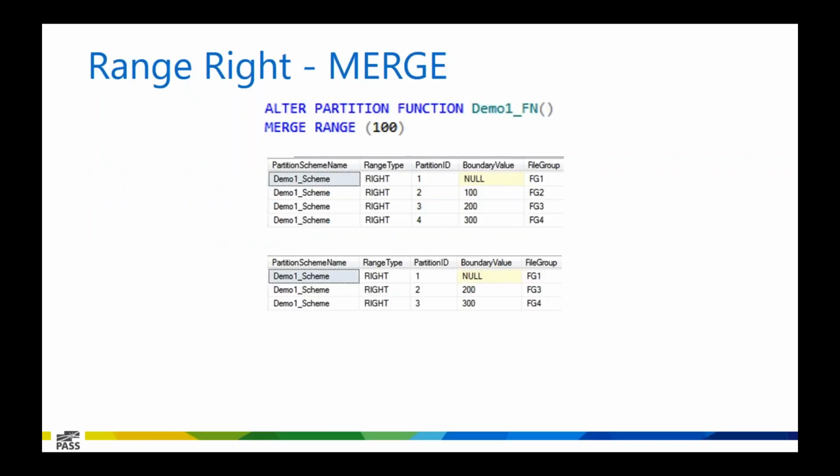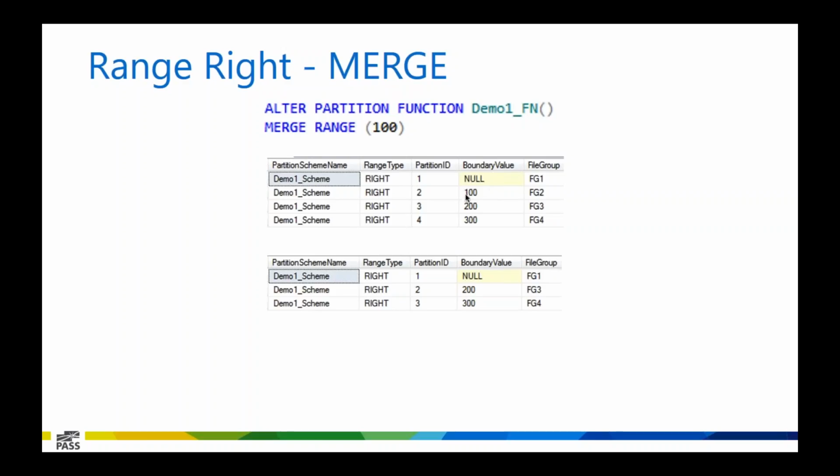So quickly here we're going to show you exactly how merge works. Merge is basically taking two partitions and making them one. If we were going to do it with having right as our range, and we merge here, we're going to see that everything that's in partition 1 will stay there, and partition 2 will get merged into it. If we were going to do a merge with those two, we'd want to have no data here in our file group 2.